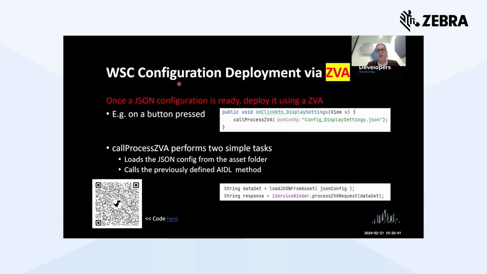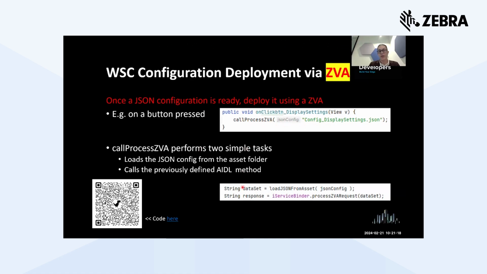Once the JSON file is ready, you need to deploy it. And the first way to do that is using a ZVA, a Zebra Value Added feature that allows your application to bind a service which is pre-built in the operating system. So, for instance, on a click of a button, you can call a specific method passing the content of the JSON file.